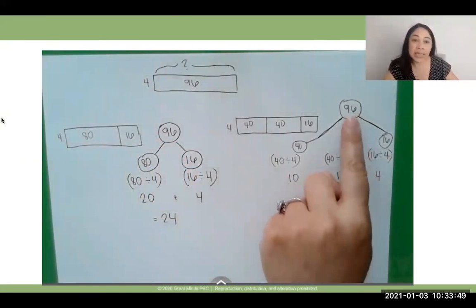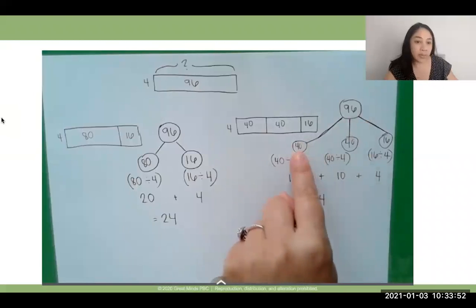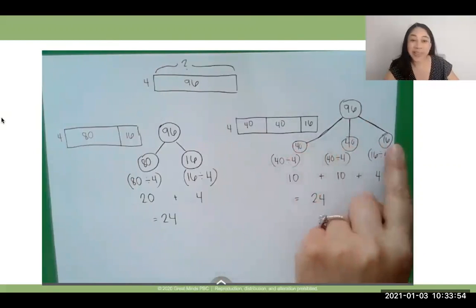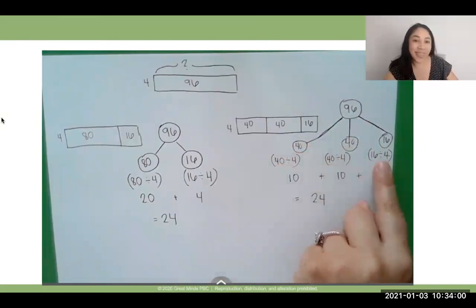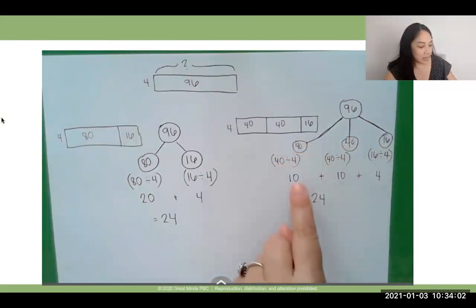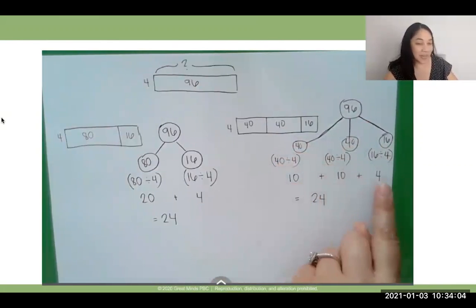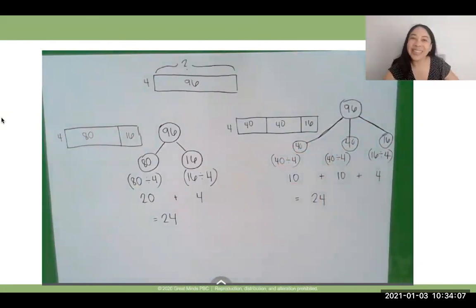The second way I did it was decomposing 96 into 40 plus 40 plus 16. Again, I divided each of the 3 parts by 4, which equals 10 plus 10 plus 4, which again, the sum is 24.